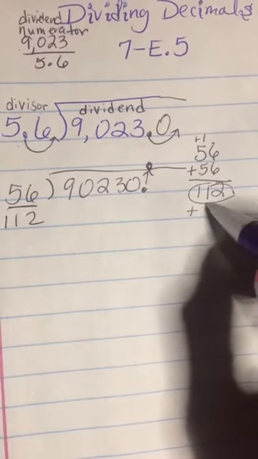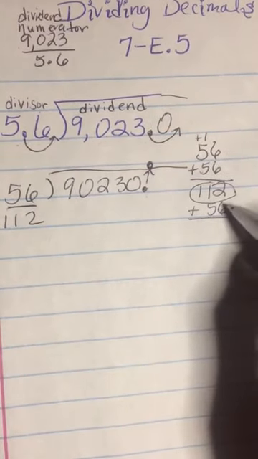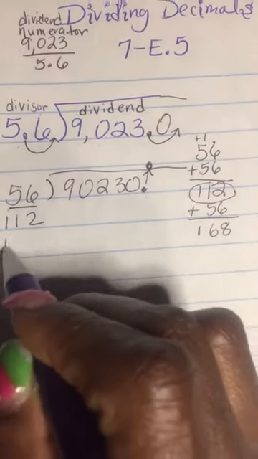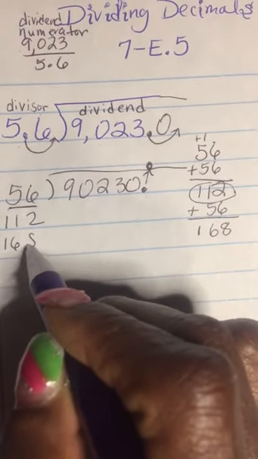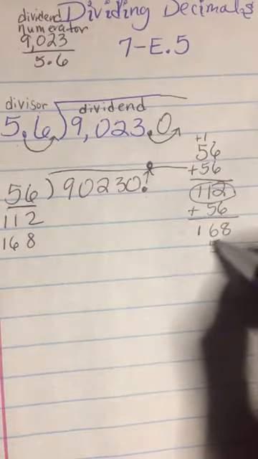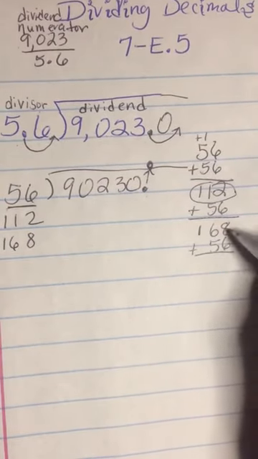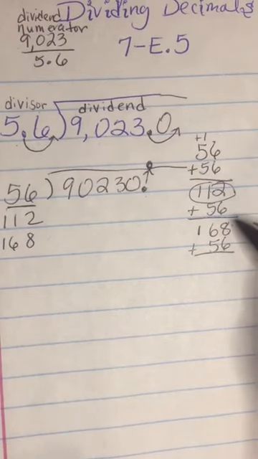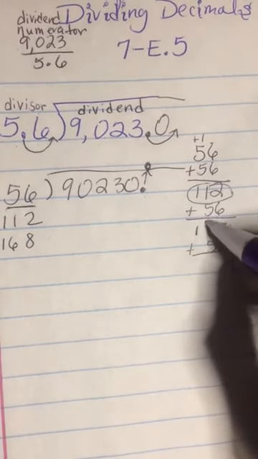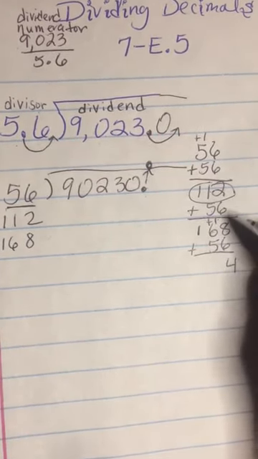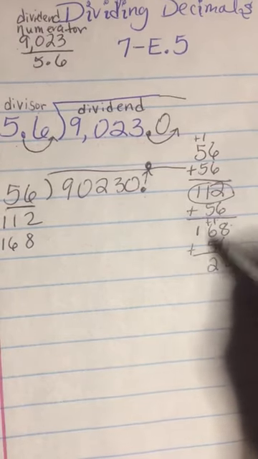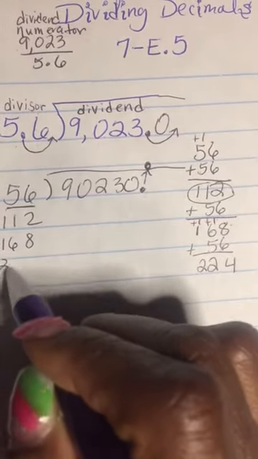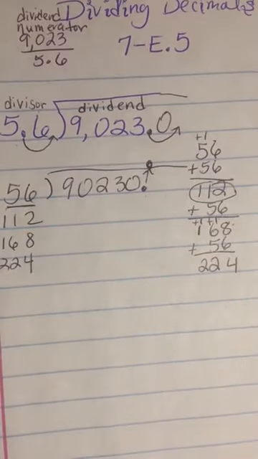Then I'm going to add another 56 to find my next multiple. 6, 7, 8, 5, 6 is 168. And I'll just do one more. Plus 56, 8 plus 6. 8, 9, 10, 11, 12, 13, 14. Put the 4, carry the 1. 6, 7, 8, 9, 10, 11, 12. Carry the 1. 224. And I'm going to stop there.